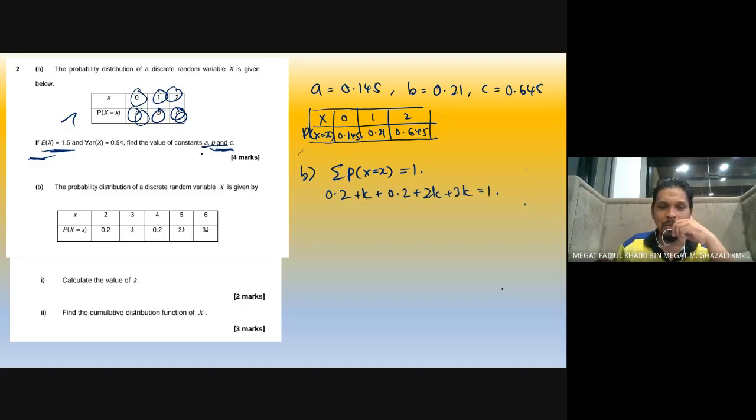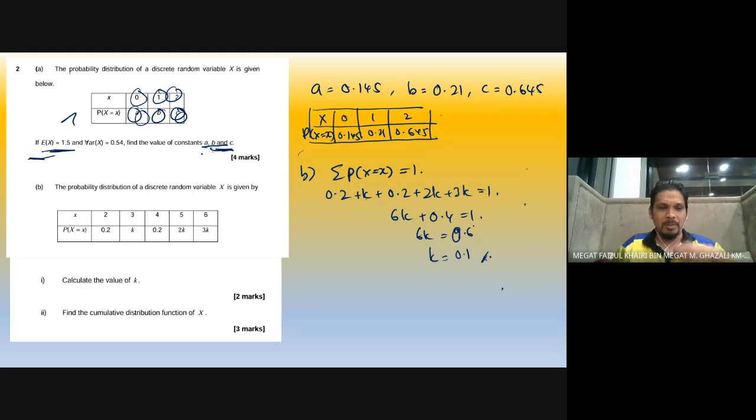So k plus 2k plus 3k equal to 6k, plus 0.2 plus 0.2, 0.4, equal to 1. 6k equal to 1 minus 0.4, which is 0.6. So then k equal to 0.6 divided by 6, 0.1.